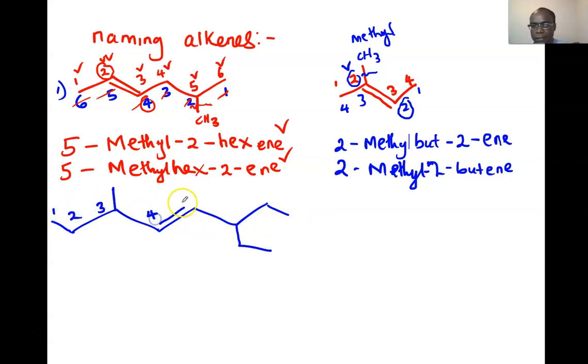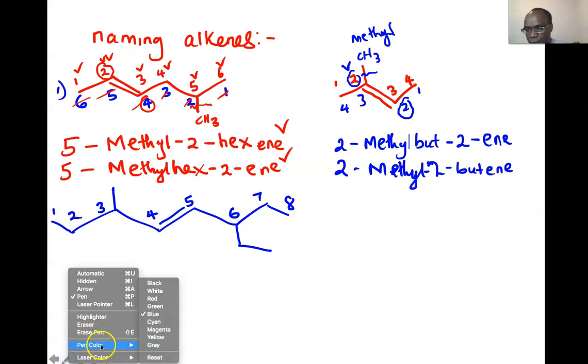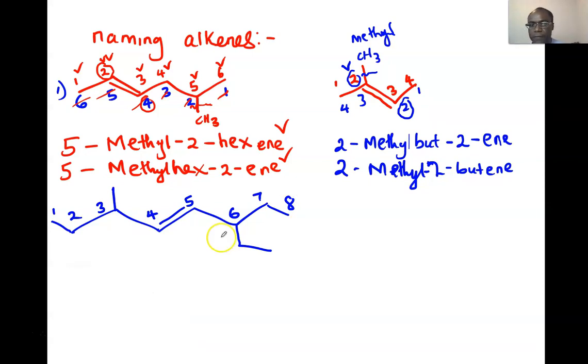We are finding the longest chain containing the double bond, 5, 6, 7, 8 in blue, and then you could number it from here 1, 2, 3, 4, 5, 6, 7, and 8. Okay, so in this case, this becomes our substituent. It happens to be an ethyl, and this becomes our substituent. It happens to be a methyl.